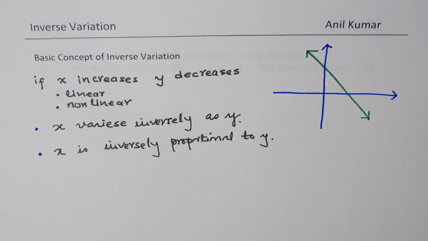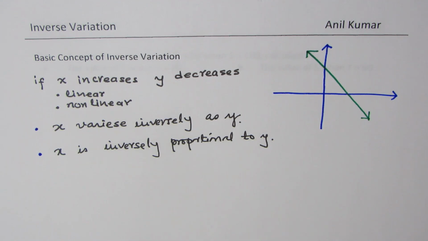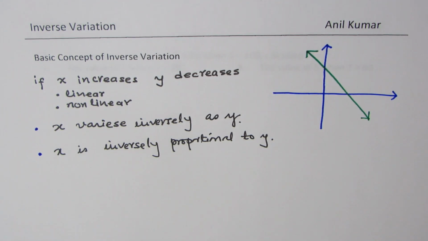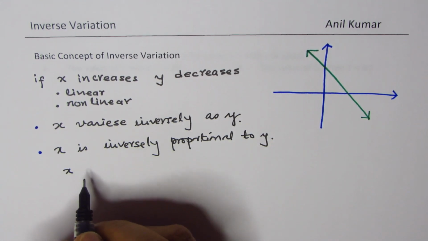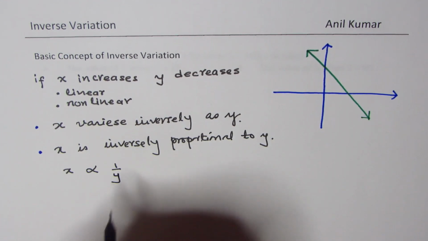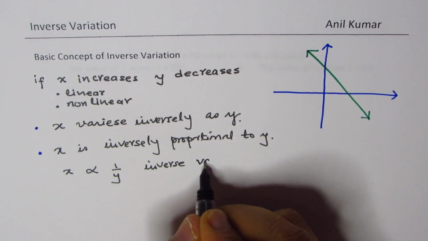So these are the 2 statements which will show you inverse variation, correct? Now, if I say inverse variation, it really means that x is proportional to 1 over y.